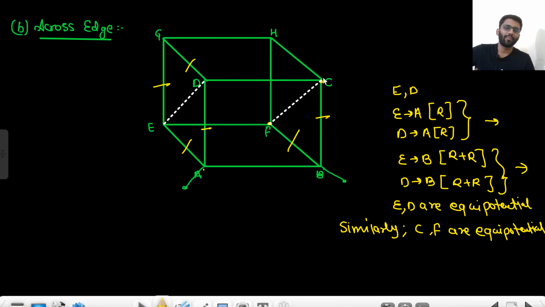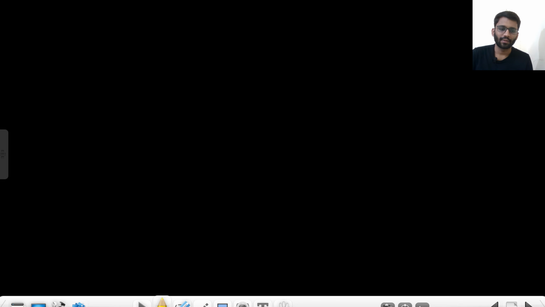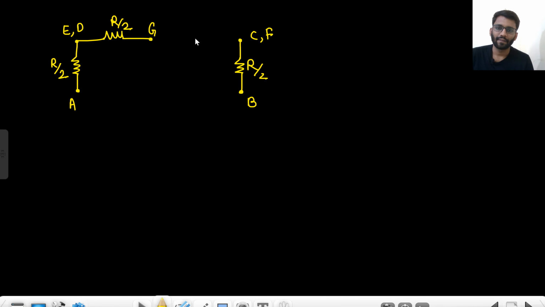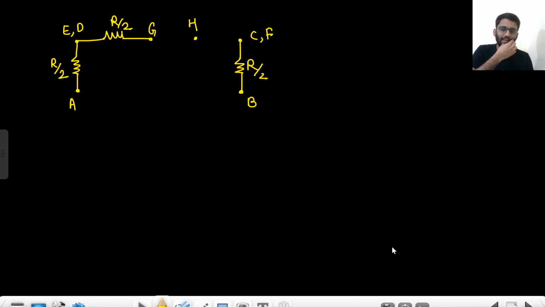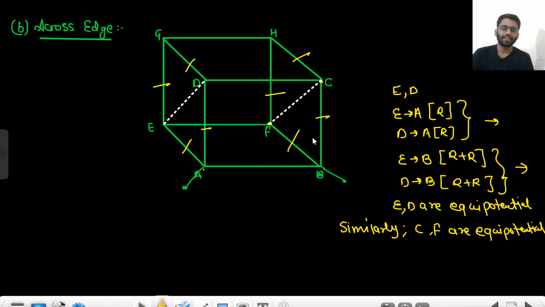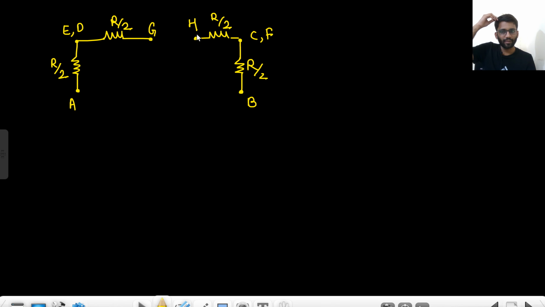From B to C we have R, from B to F we have R. Now let's consider the point H. From C to H we have R, from F to H we have R. So it will be R by 2. From C to H and from F to H, R and R parallel, R by 2.